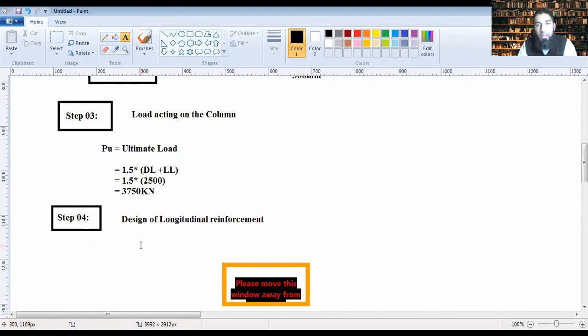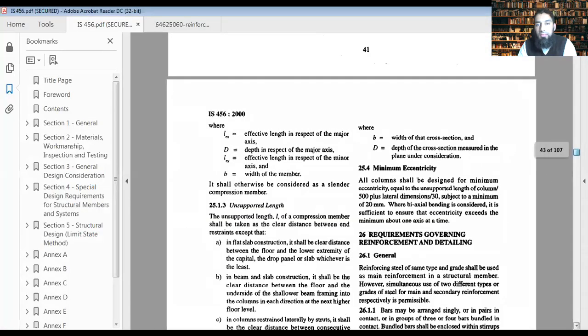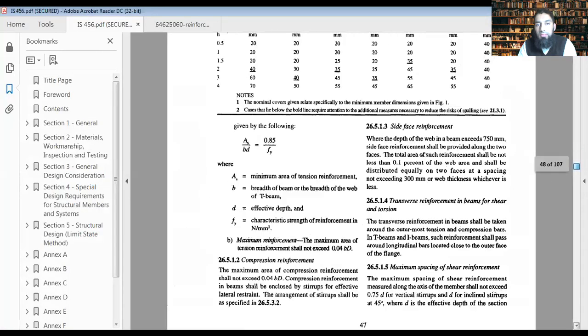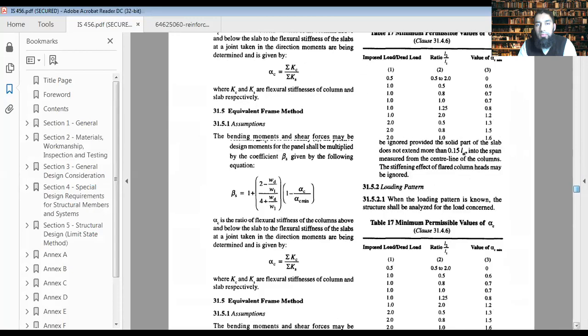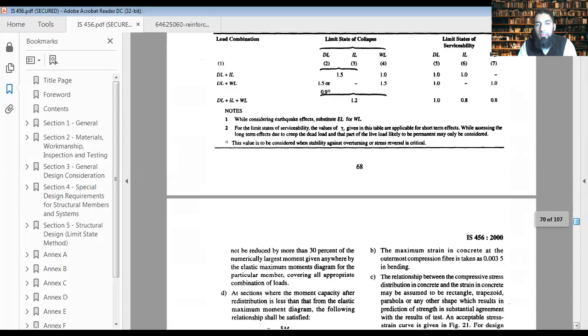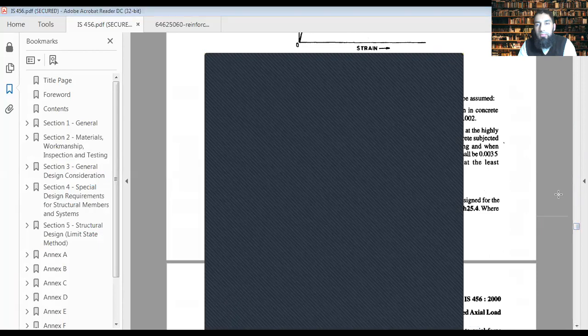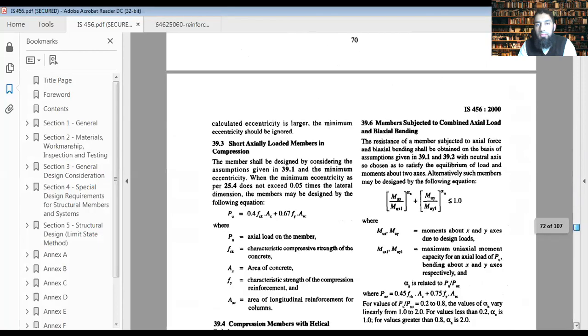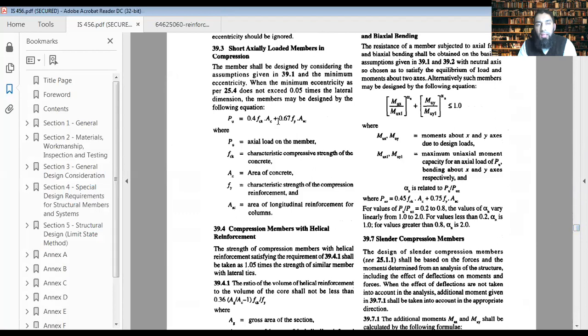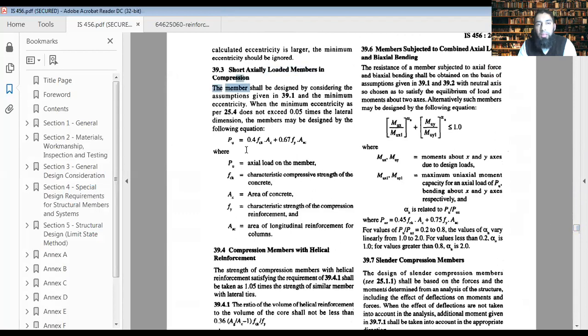So how do we design the longitudinal reinforcement? There was a formula. For a short axially loaded member in compression, PU is 0.4 FCK AC plus 0.67 FY ASC.